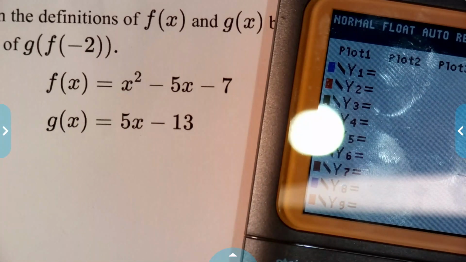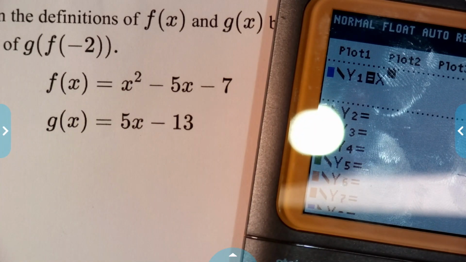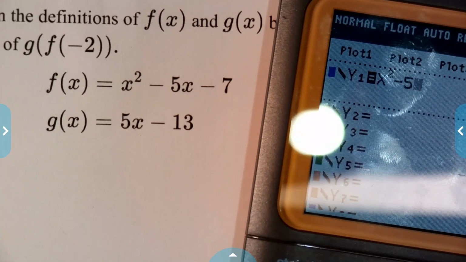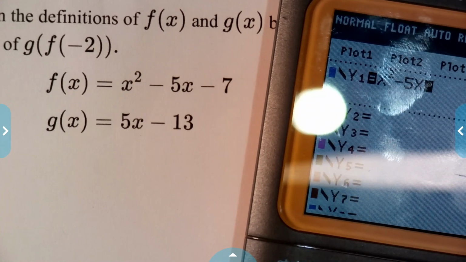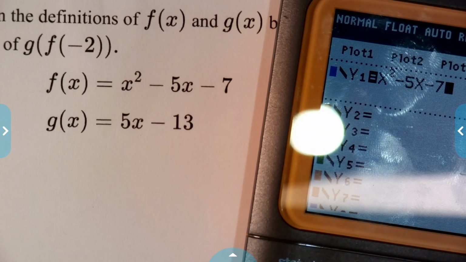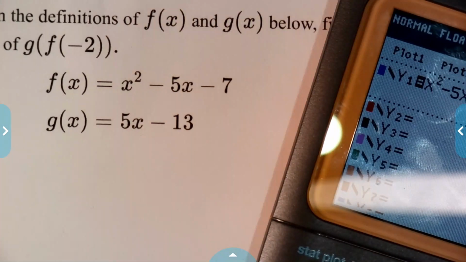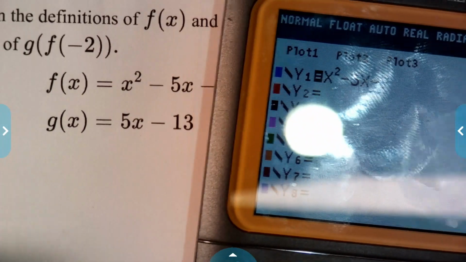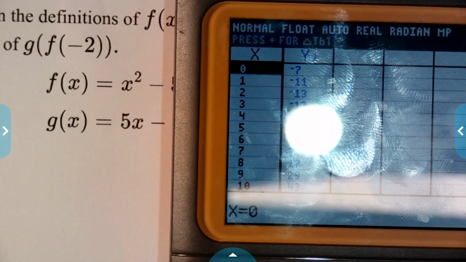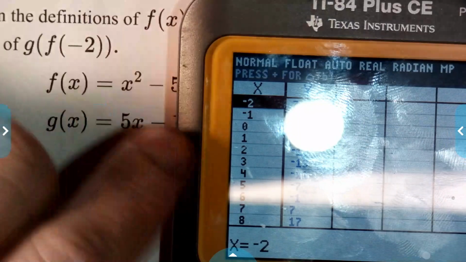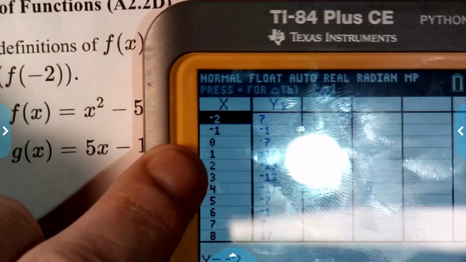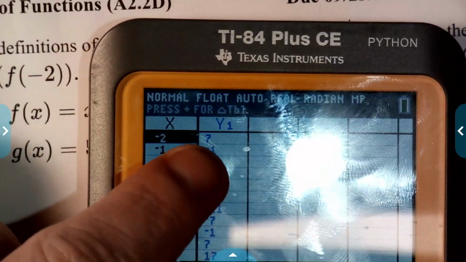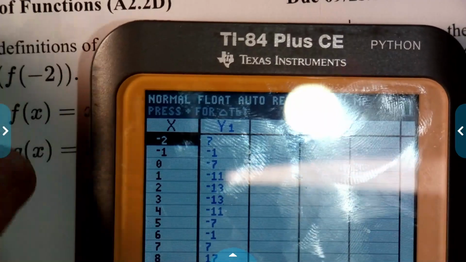So they would tell the kids to type x squared minus 5x minus 7, and then hit enter. And now they would have them look at the tables. So you hit second graph to look at the tables, and then go down to where x is -2. And then you find that y is 7, okay?